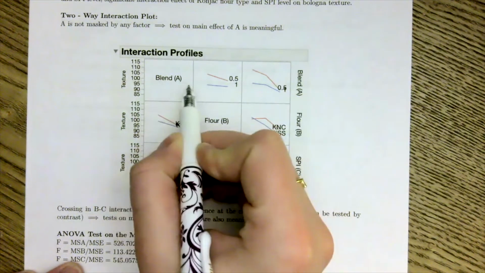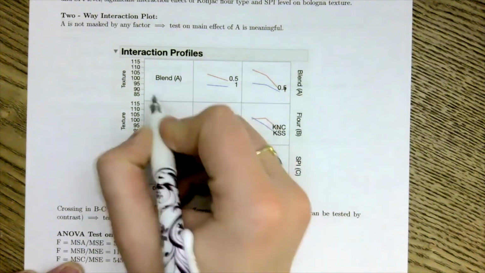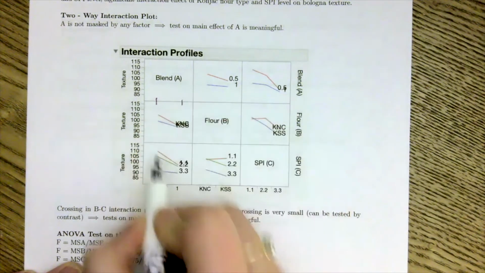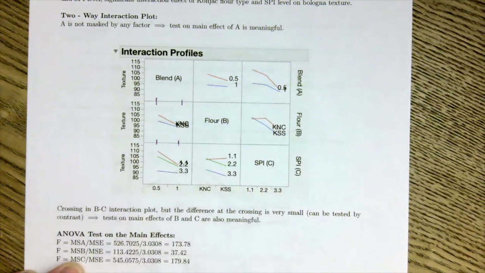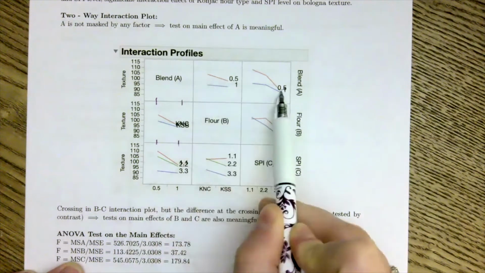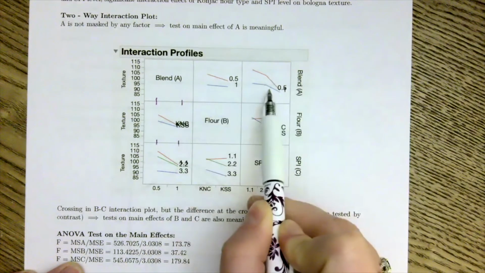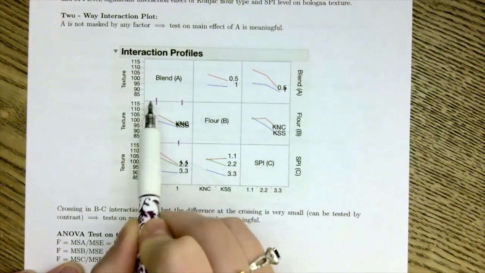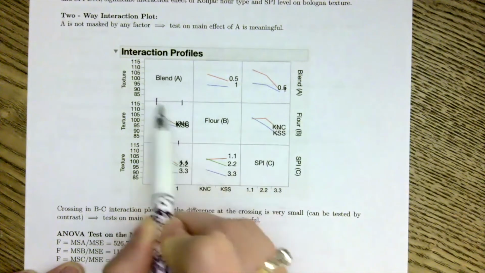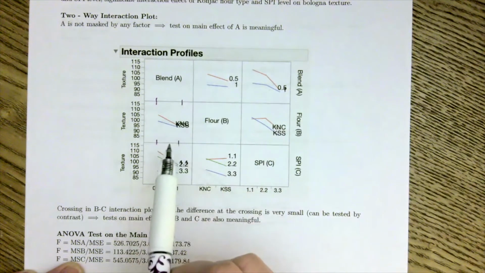We have our blend. How we read this is blend here is our x. So here's blend with 0.5 and 1. Then on these two graphs, your blend is your trace. On this graph, flour is your x. So think about which part this is aligned with.